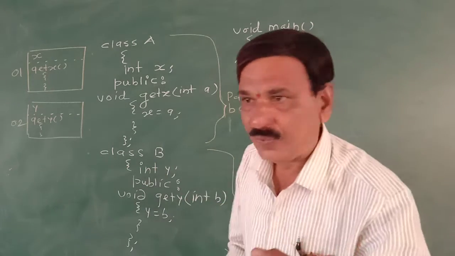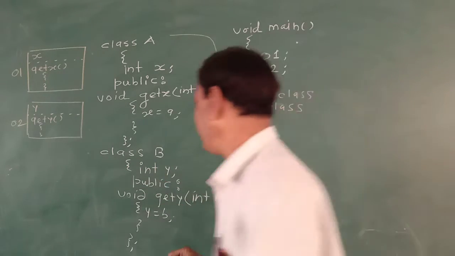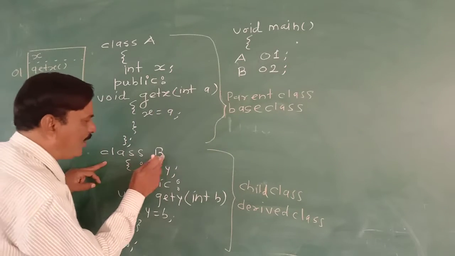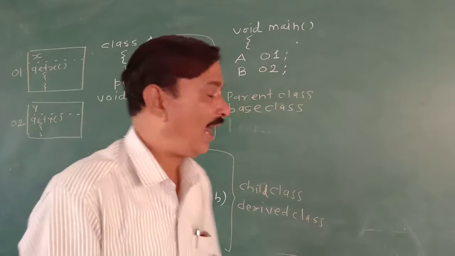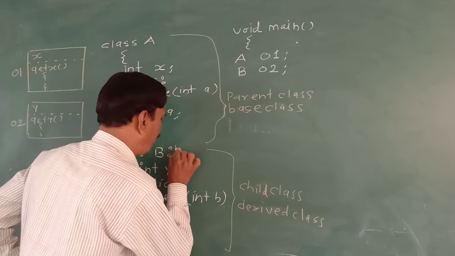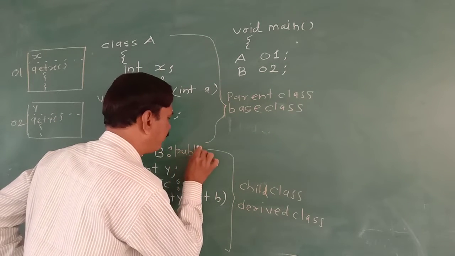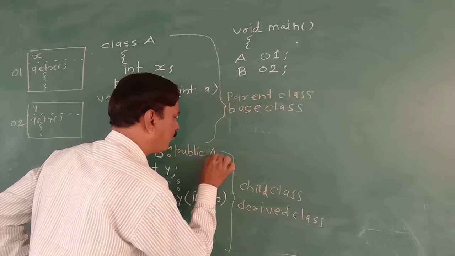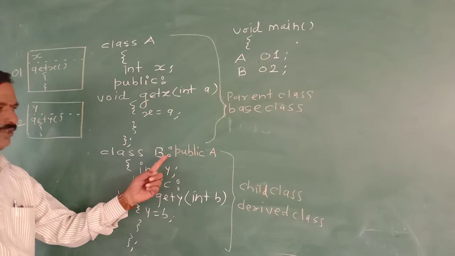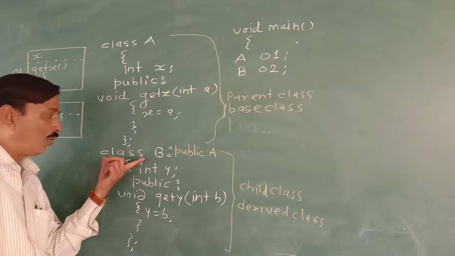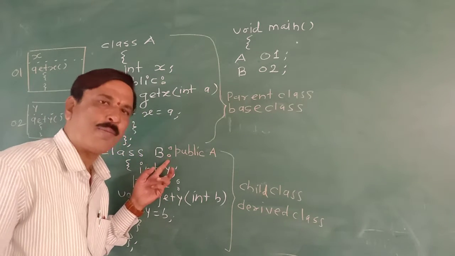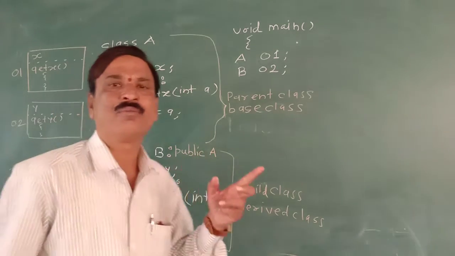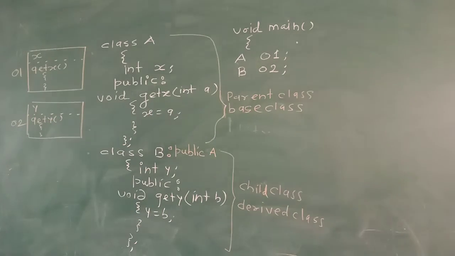How to declare class B as a child class? After class B, give a colon and write the class name, public A. Look at this colon. Now class B should be pronounced as derived from class A.